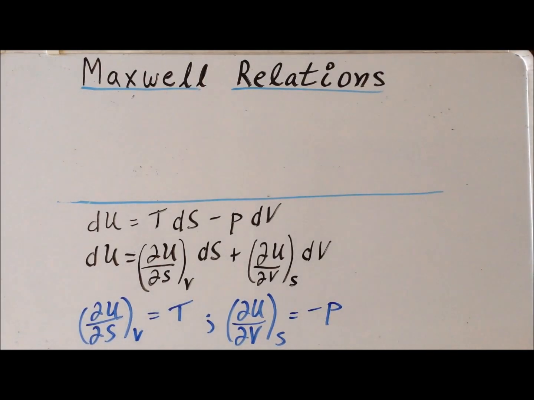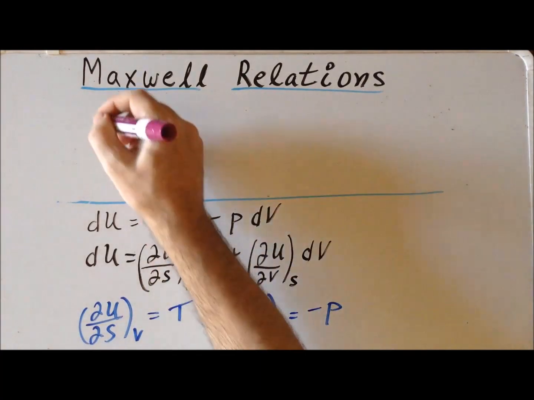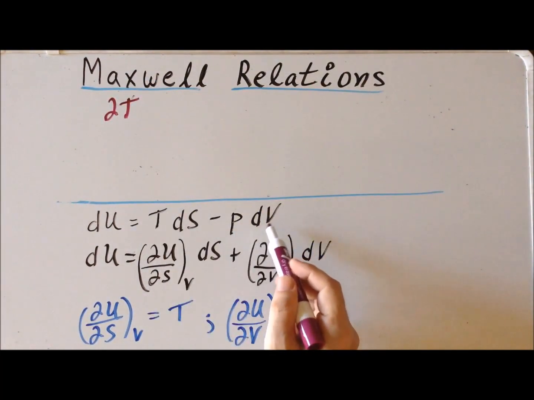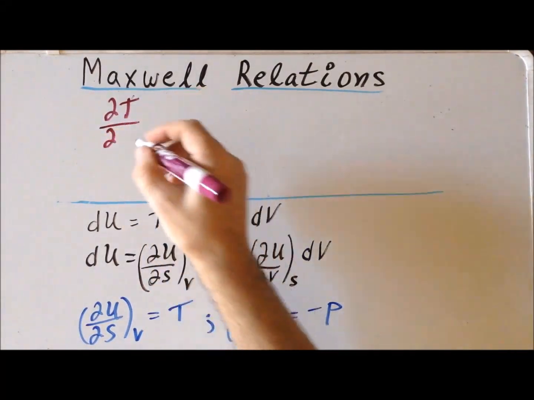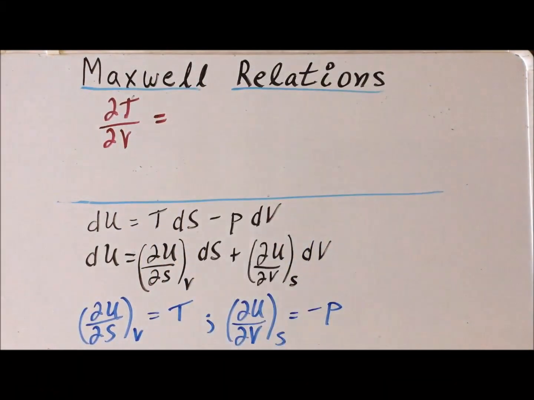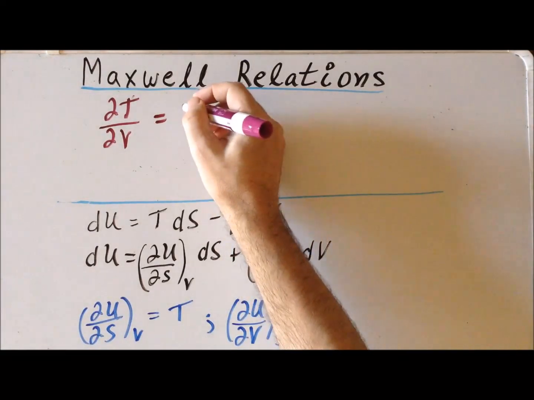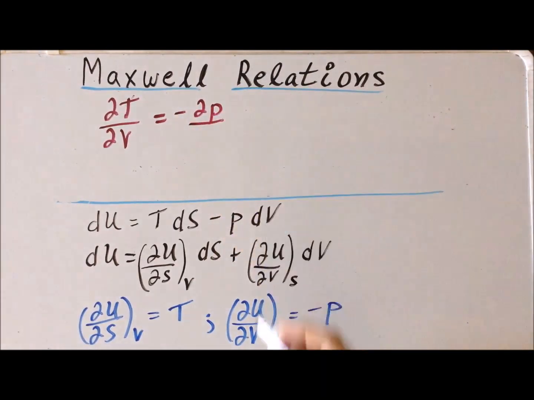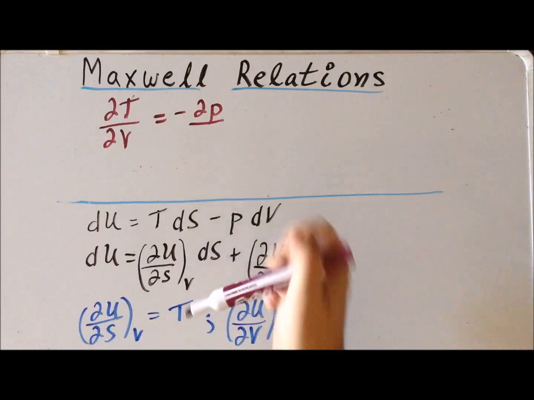We already know, because the internal energy U is a state function, that this particular expression here is an exact differential. So as a consequence, we know that the partial derivative of T with respect to the volume is equal to the partial derivative of the negative pressure, so let's put a minus sign in front, with respect to the entropy.